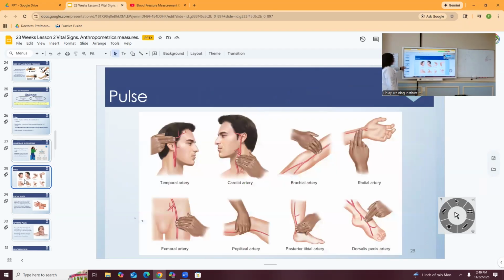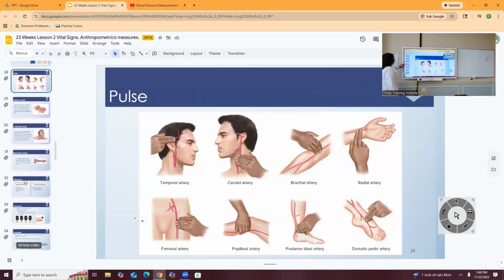What if we cannot use the radial artery, or we cannot feel the radial artery? There are other places. If you feel in your temporal area, you will find the temporal artery. Then if you go to the neck, you're going to feel the carotid artery.